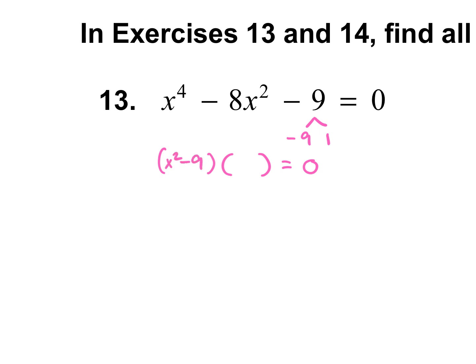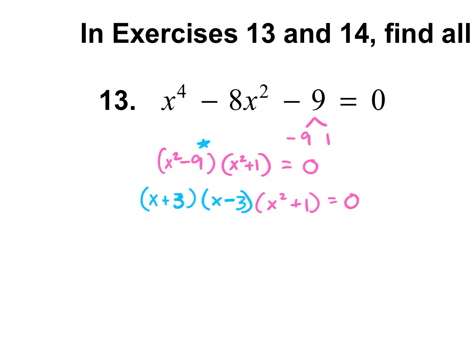X squared minus 9 and x squared plus 1. Can I factor one of these anymore, or both of them anymore? The first one, because it's the difference of squares. So what would it factor into? X plus 3 and x minus 3. And then we still have the x squared plus 1.